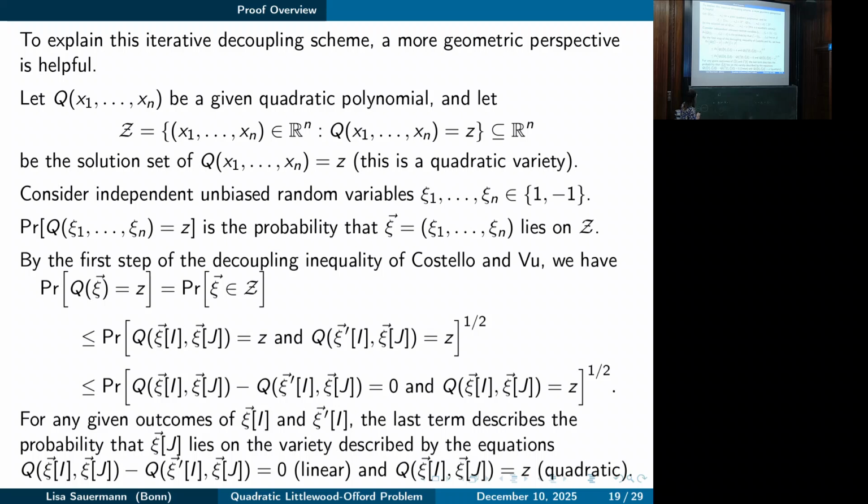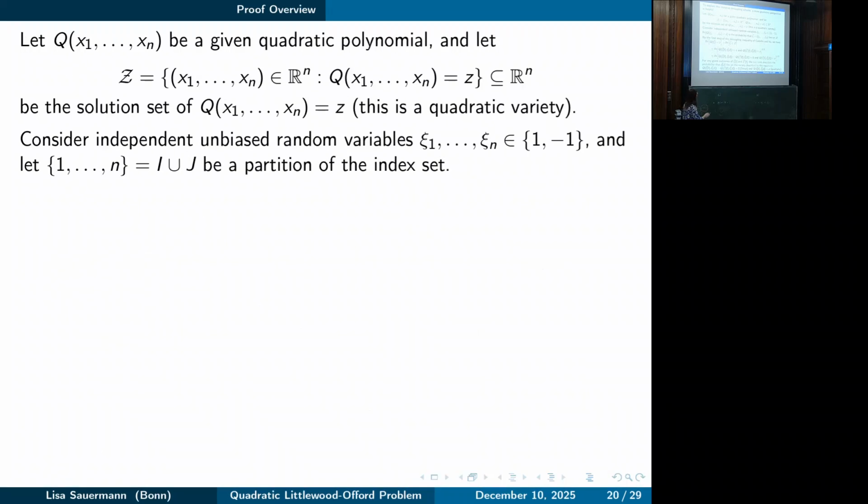This first equation is, as we said, linear, because the quadratic terms in psi j cancel out, and the second equation is still quadratic in psi j. So that means we now have a probability that psi j lies on a new variety, which is given by one quadratic and one linear equation.